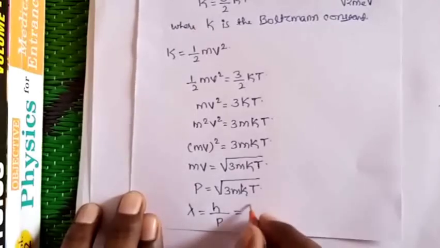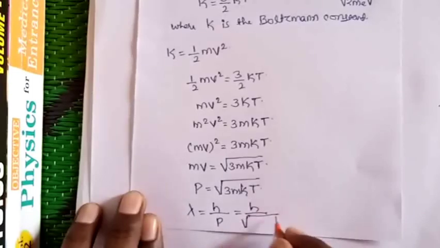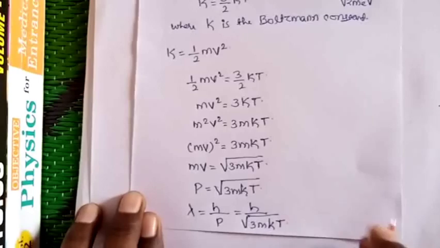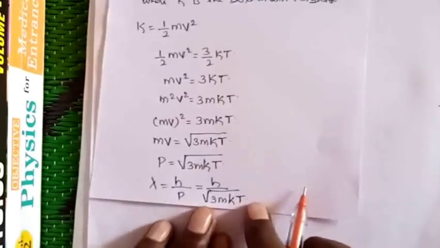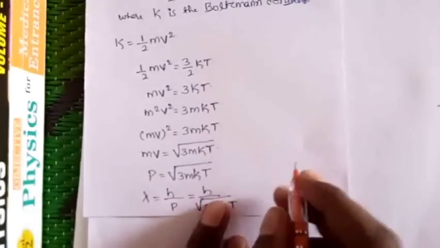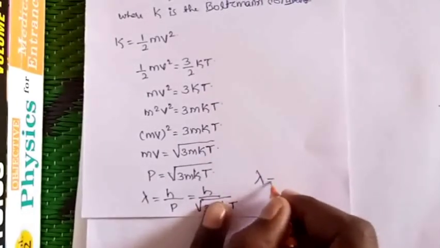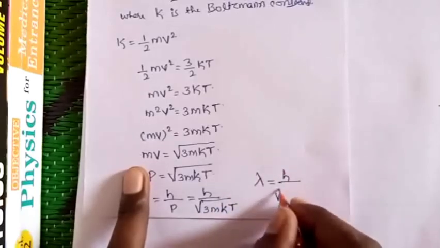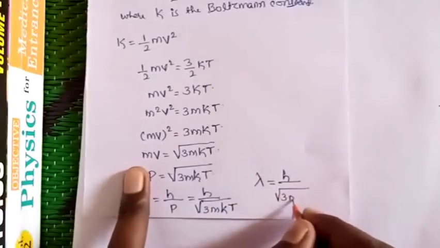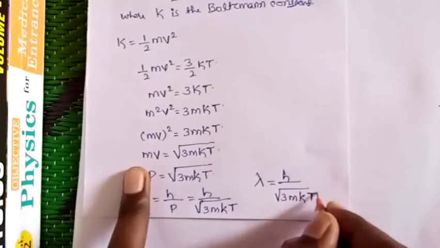Then h divided by p is nothing but h divided by square root of 3 into m into k into T. It is the de Broglie wavelength in terms of temperature. So what is the final equation here? Lambda is equal to h divided by square root of 3 into m into small k into capital T.